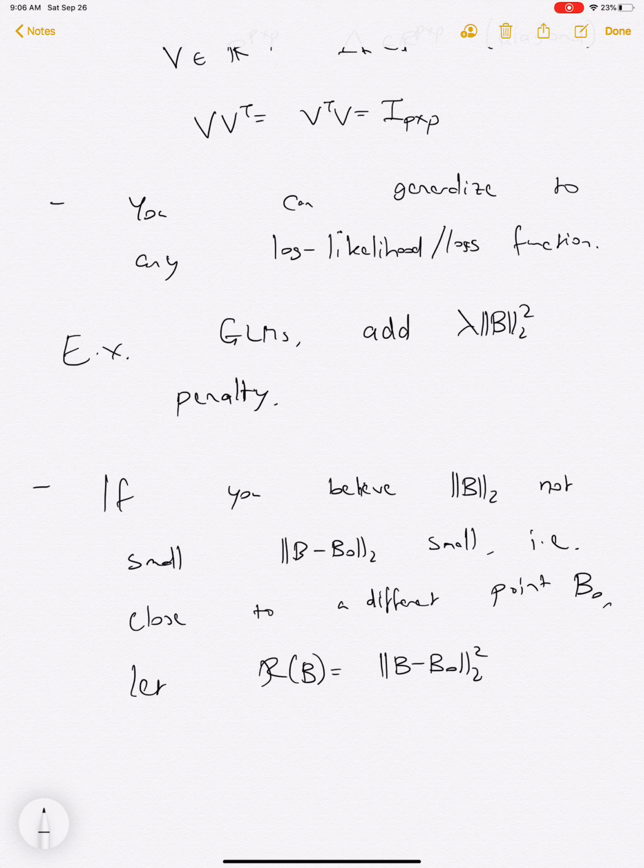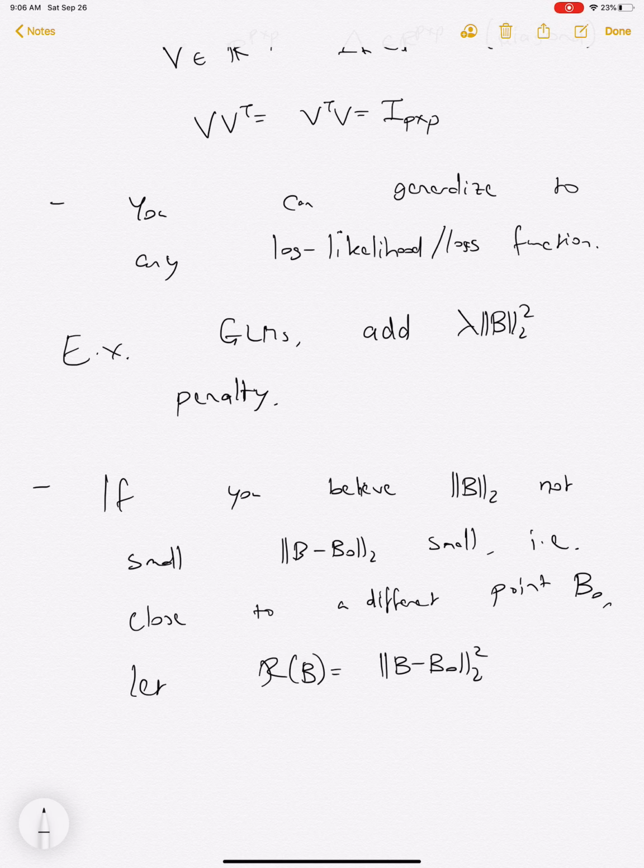We talked about the L2 norm of B being small, which says you believe it's close to the origin, but you may have an a priori belief that some covariates have a high weight and some have a low weight, and you can include that through a different point B0. You can certainly use a different regularization, and you'll get essentially similar conclusions.